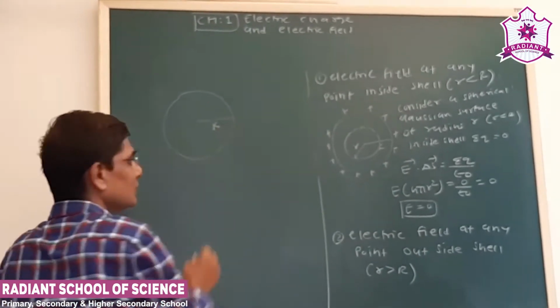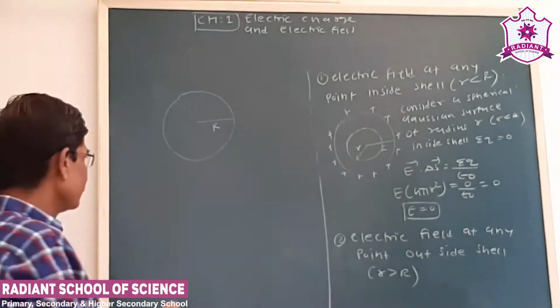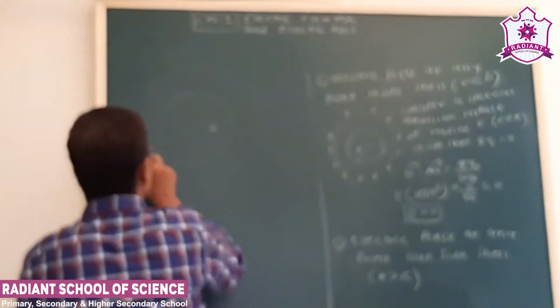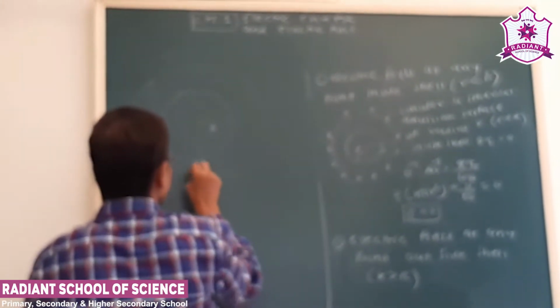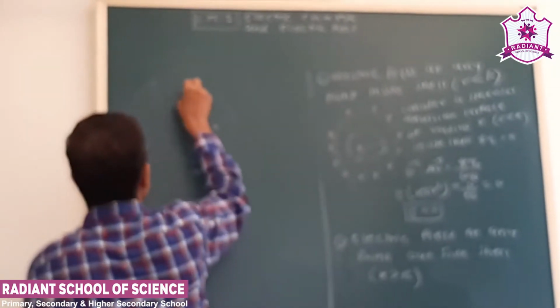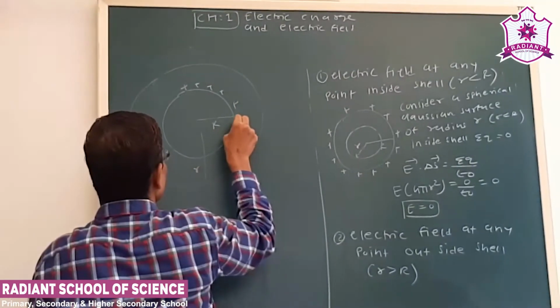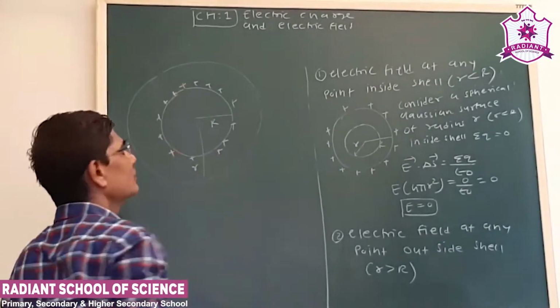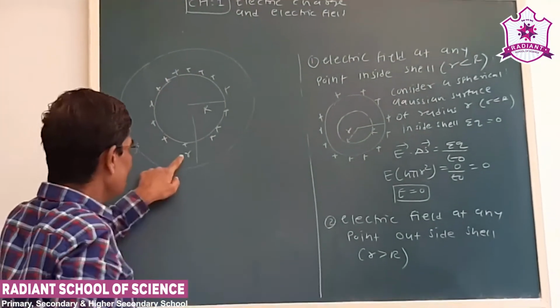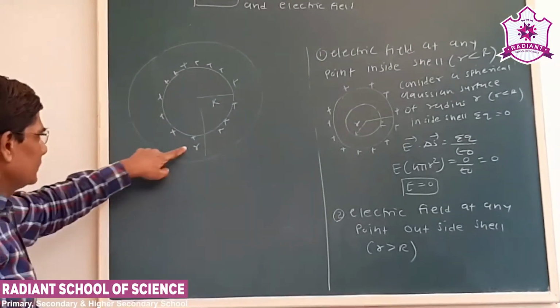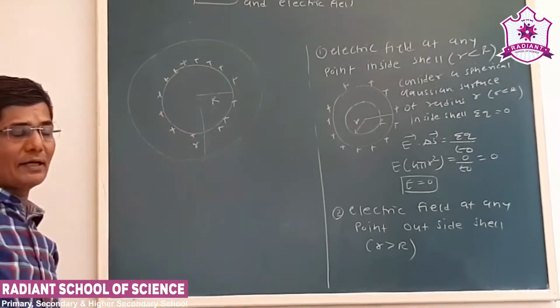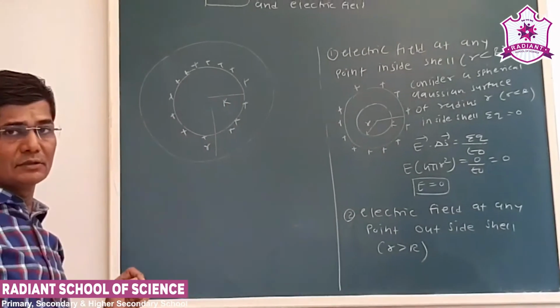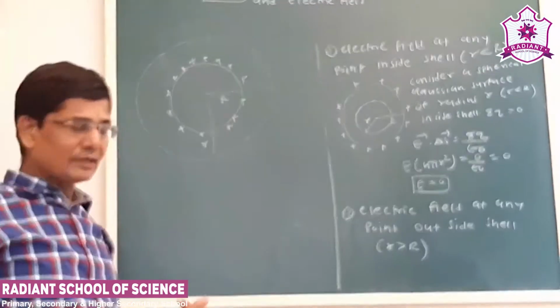Now see here R is the radius of the shell. Now we consider a Gaussian surface of radius r. Now we see the charge is uniformly distributed on the surface. So when we consider a Gaussian surface of radius r which is larger than capital R, see all the charge on the shell will be enclosed inside this.